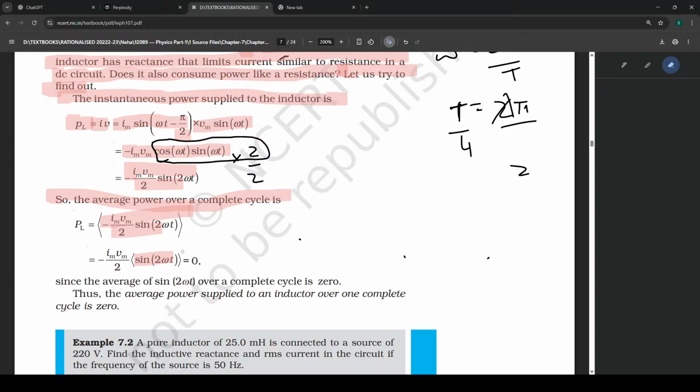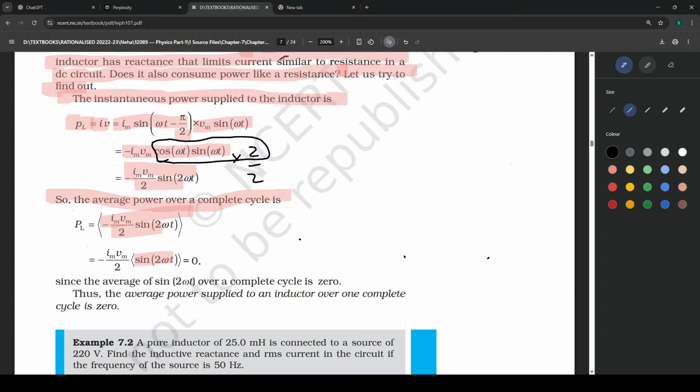The reason this sine 2 omega t bracket is 0 is that we are integrating. When we integrate 0 to t for a full cycle, that is sine 2 omega t.